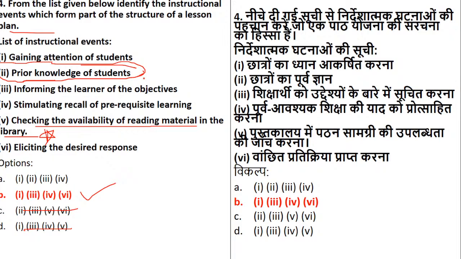If the student has prior knowledge, the teacher has to connect it with the existing, I mean to say with the previous knowledge, the existing knowledge has to be connected or applicable. So this cannot be one of the instructions, this is not a key or mandatory instruction of a lesson plan. So option number 2 is not very compulsory from the given options, and hence option number B stands to be what?